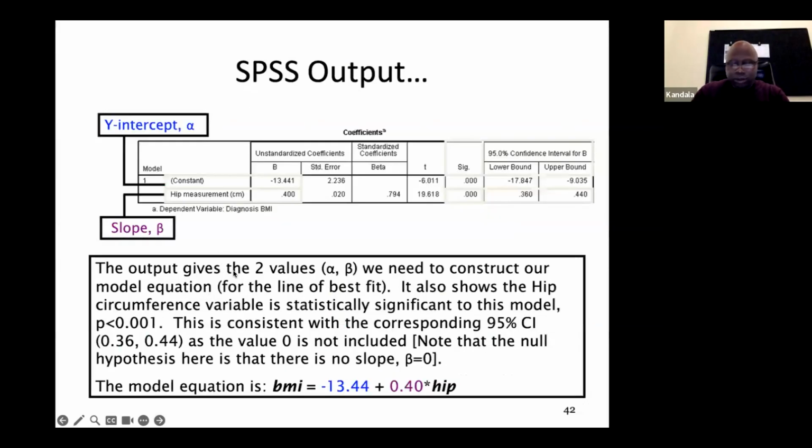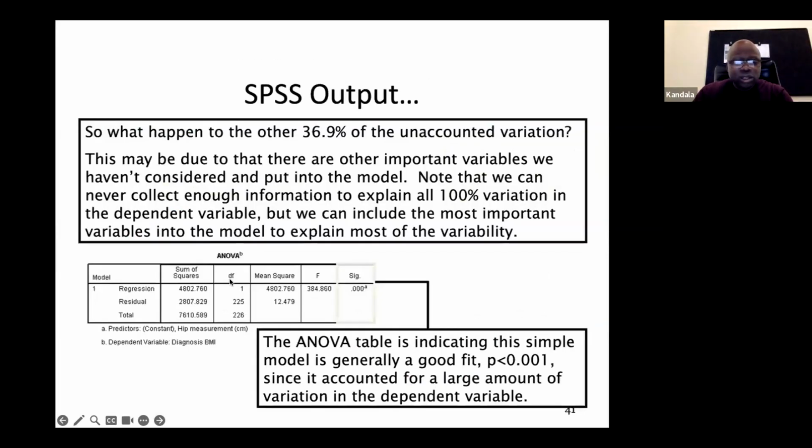So, and then, sorry, you will have the statistics that you need to have there to check the amount of variation for the R square, and so on.